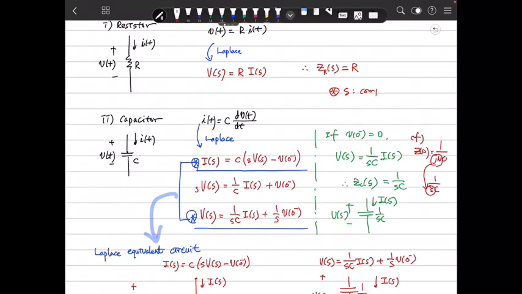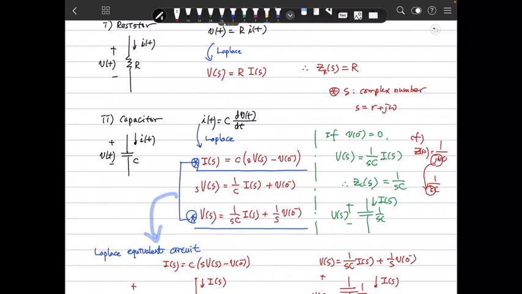S is a complex number in Laplace. So S can be represented as sigma plus j omega. So the phasor is a kind of subset of Laplace.